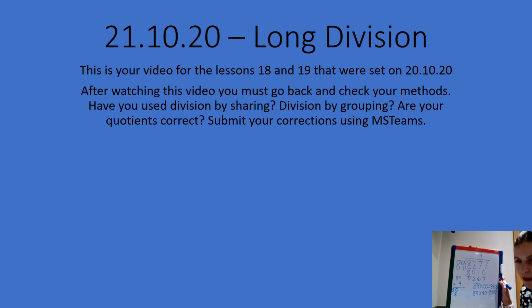So I think it could be 3. So I'm going to use short multiplication like I did before and multiply 89 by 3. So 9 multiplied by 3 is 27. 8 multiplied by 3 is 24. Add my 2 is 26, or 260. So I know that there are 3 89s in the dividend 267. So my 3 goes here.